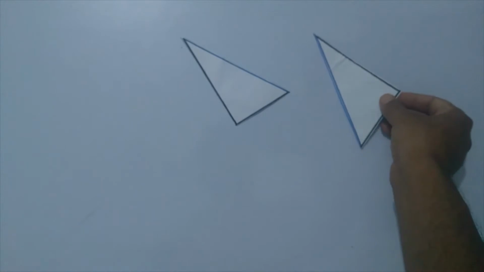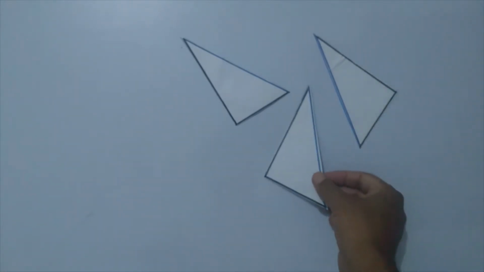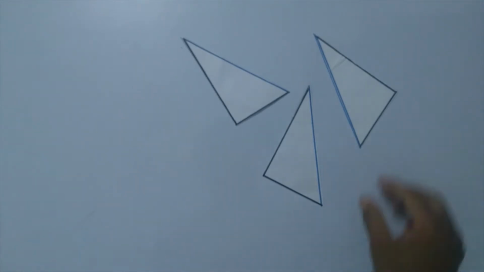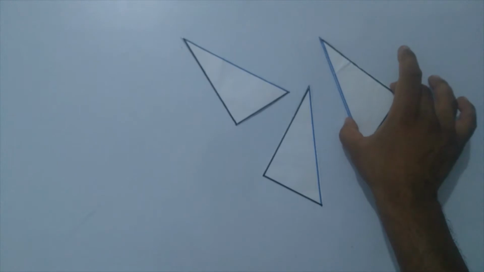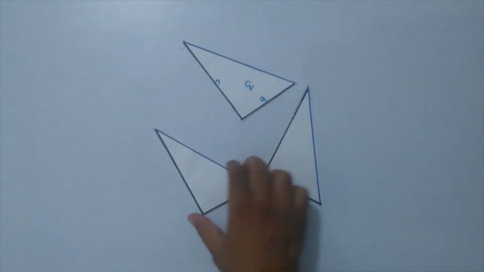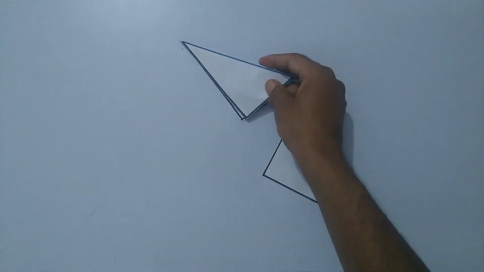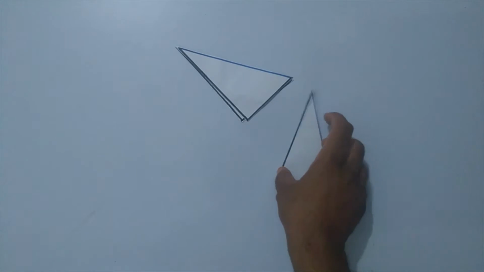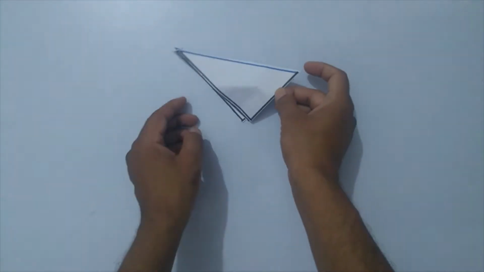These two squares are congruent because they are exactly the same in shape and size. Similarly, we can have triangles. This is the first triangle, this is the second triangle, this is the third triangle. Now what is the similarity between these three triangles? They are also the same in shape and size. How are they the same? The first triangle is placed this way, the second triangle is this, the third triangle this way.